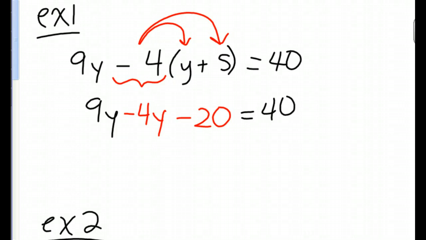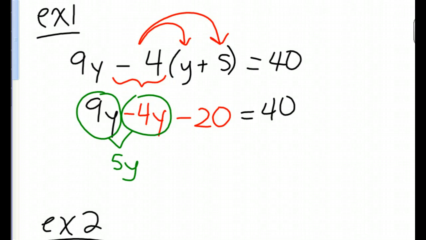Now what do we do? Well, now we do what we did on Monday's notes. We want to combine like terms. What are my like terms? My like terms are positive 9y and negative 4y. If we combine those, we get a 5y. We bring down our -20, and that equals 40. And now what do we have? Well, we have a two-step equation.